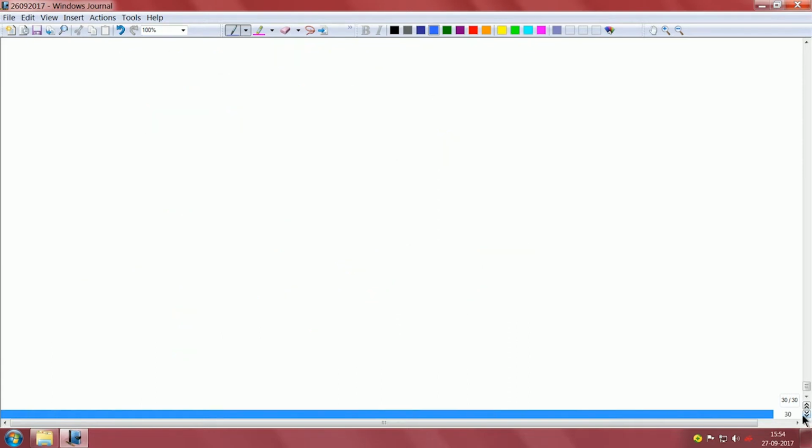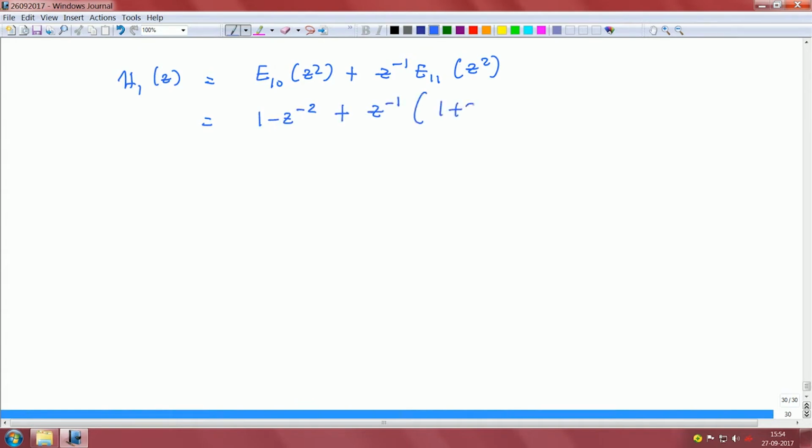Okay. Similarly, we have h1 of z, which is E10 z square plus z power minus 1 E11 of z square, which is 1 minus z power minus 2 plus z power minus 1 times 1 plus z power minus 2, which is equal to 1 plus z power minus 1 minus z power minus 2 plus z power minus 3.